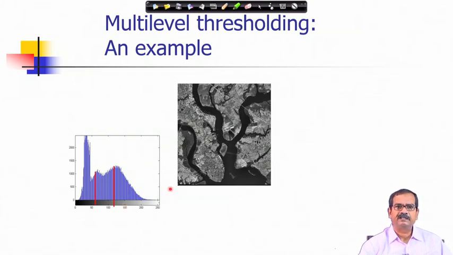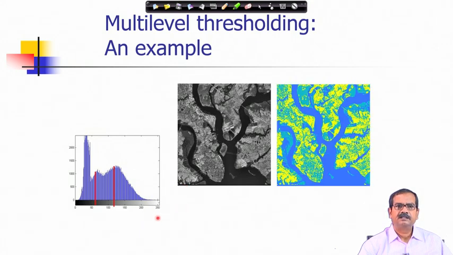In this particular case, let us consider there are three such intervals, and for each interval we assign a particular color to those pixels. There are three colors you can look at in this image: blue, green and yellow, and each color represents a segment of the image.